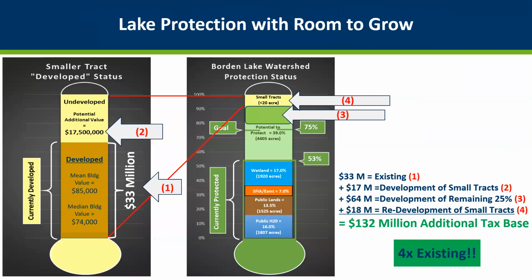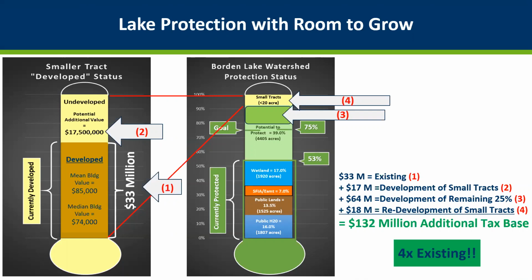I apologize for how this slide looks. It's usually sequential, one element coming up at a time, but if you focus on this, this is Borden Lake again. And if you focus on the right-hand side, the 33 million, that's the existing property value on Borden Lake. And if we build out the small tracts that are less than 20 acres, that are in the 25% that's not going to be protected, that's an estimated 17 million.